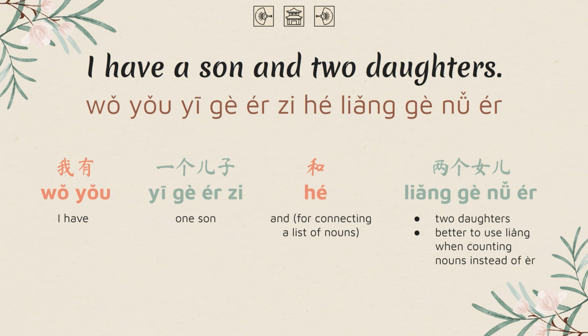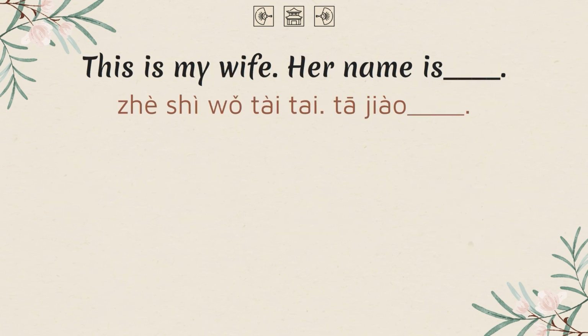If you want to introduce a family member, this is how you do it. 这是我太太，她叫。So 这 is a new word here. 这 means this or here.